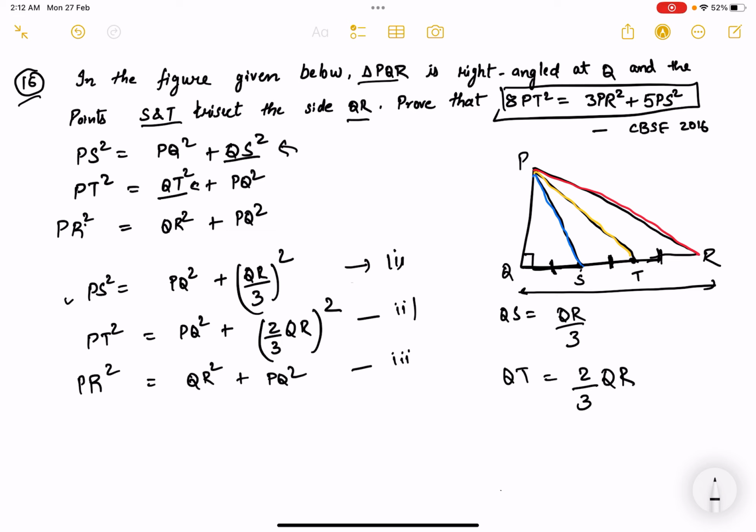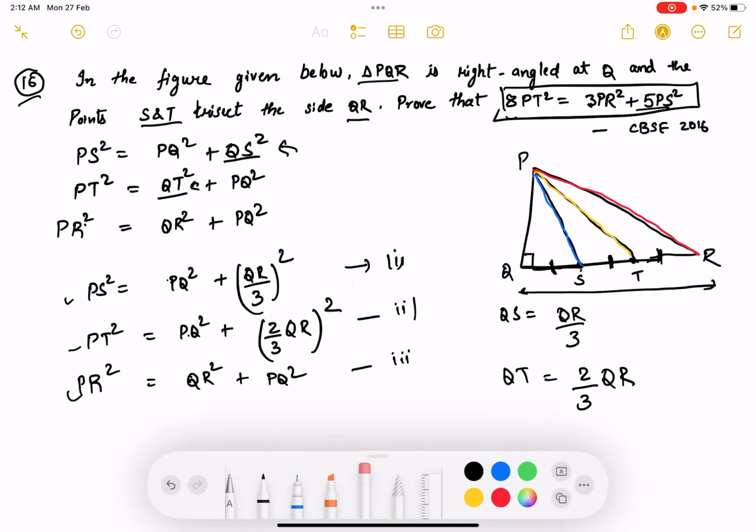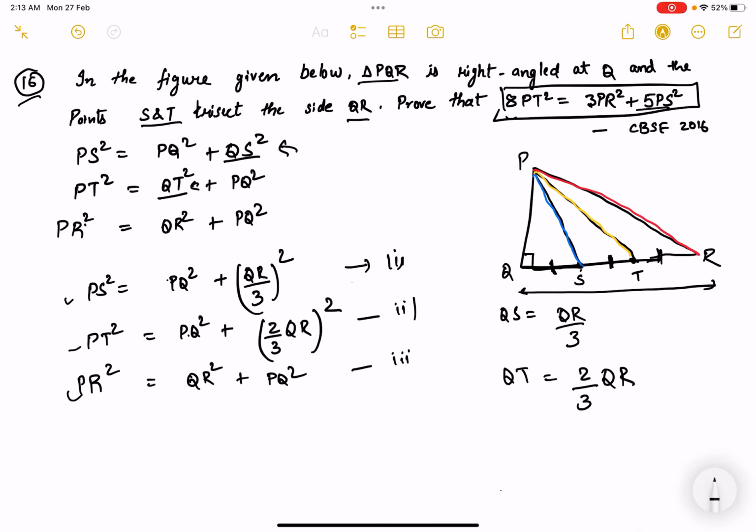In our final equation, we have PS, PT and PR, and all these right hand side terms have to be eliminated. So how many variables do we have? We have to eliminate PQ, and we have to eliminate QR.